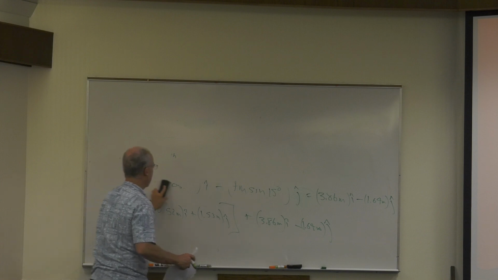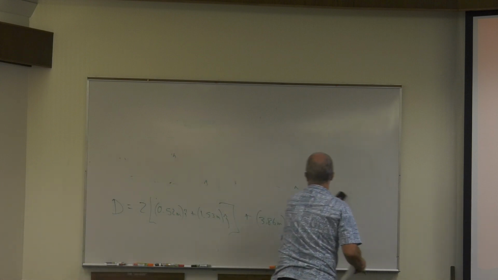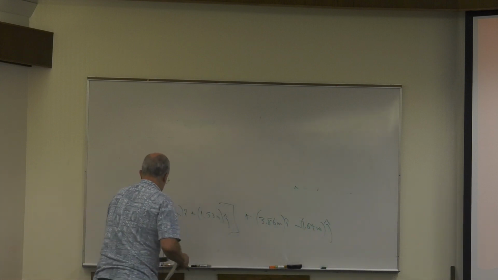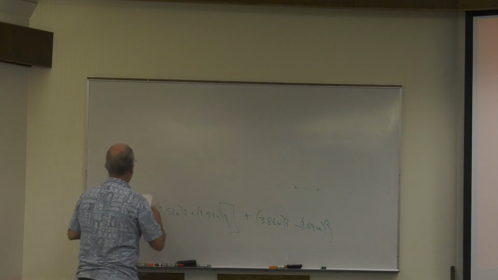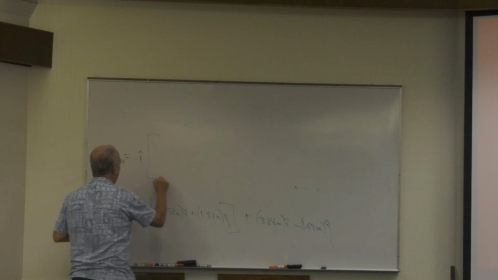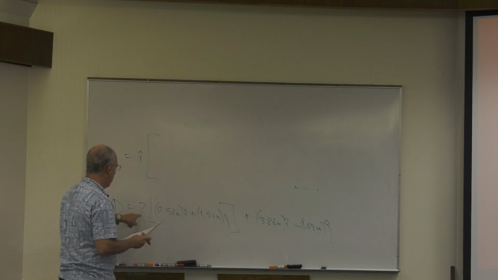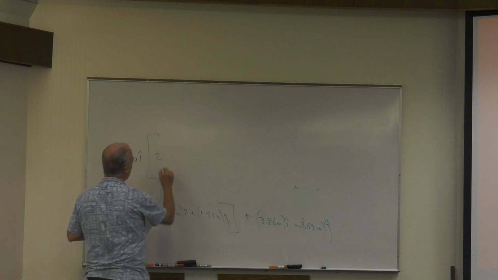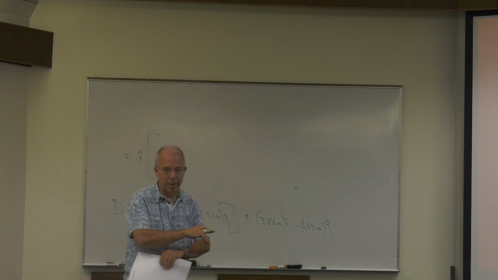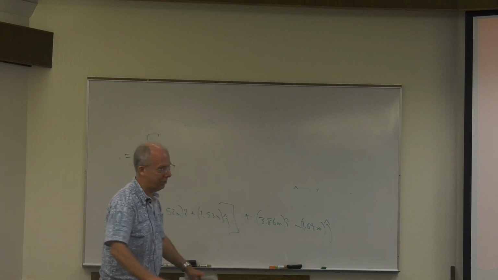Can I erase this? Okay, so what does that equal? You add up all your i's. By the way, when you're doing this for real, you're not going to show every single step. I'm just doing that.